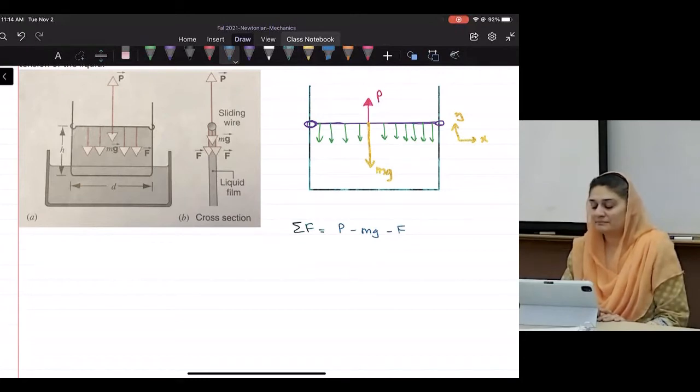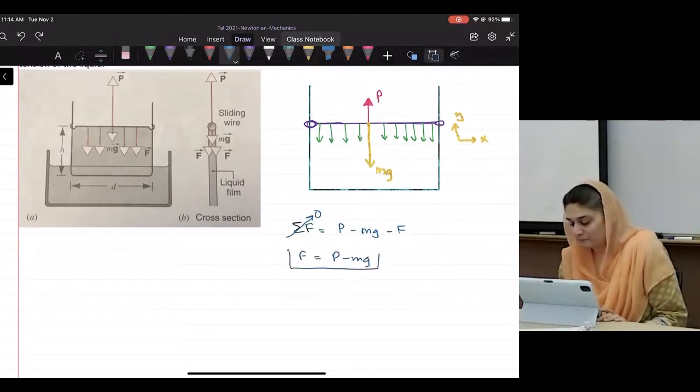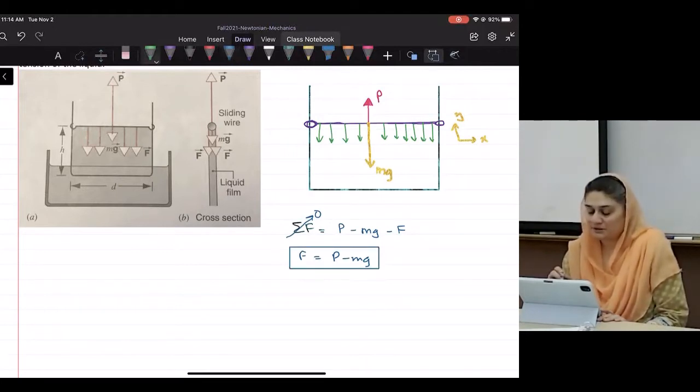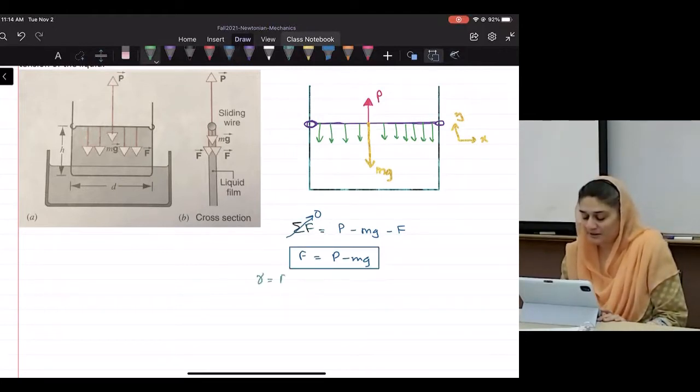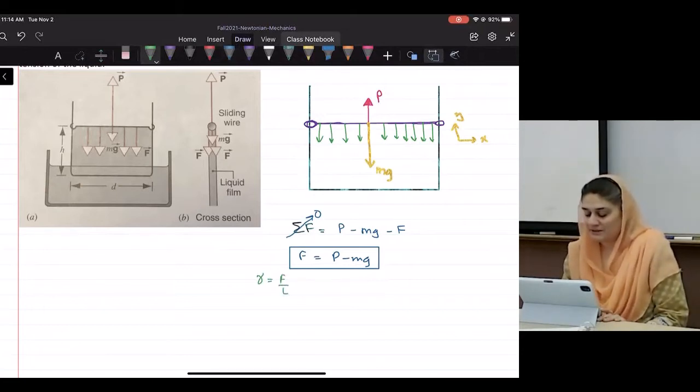Things going anywhere? So will I get F equals P minus mg? I gave the definition of gamma as F over L. May I write gamma L as F?